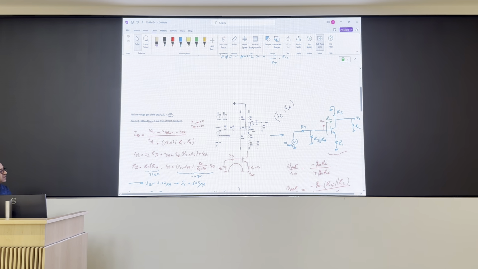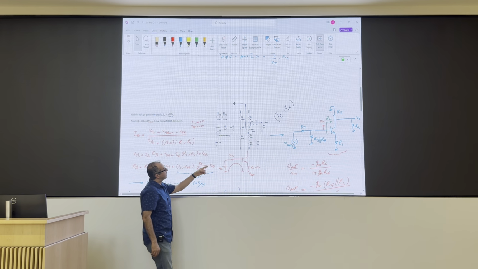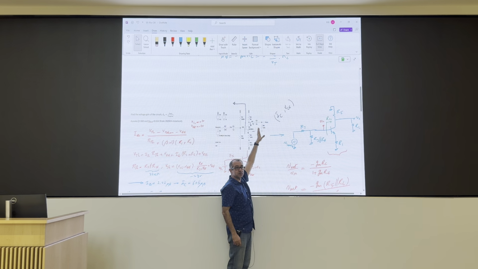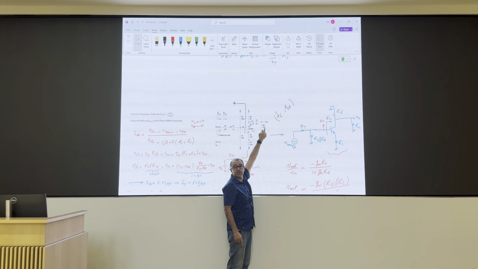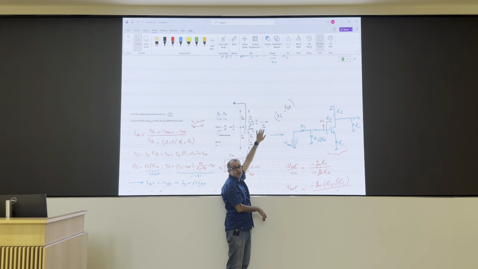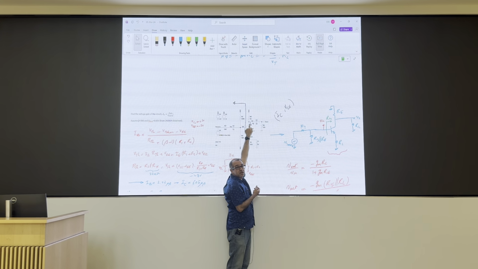You just saw here that if you connect your load directly to your amplifier, your gain is dominated by these two in parallel. So if your load is small, your gain will drop. Let's say instead of 10K, this was 1K: 1K in parallel with 6K would be much smaller than 10K in parallel with 6K.